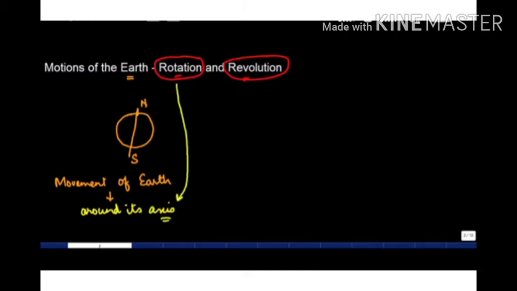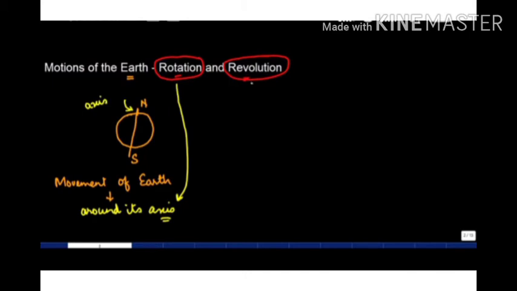So when the Earth moves around its axis, it is known as rotation. So the movement is not around anything else but around the axis of the Earth, which passes through the North and South Pole.